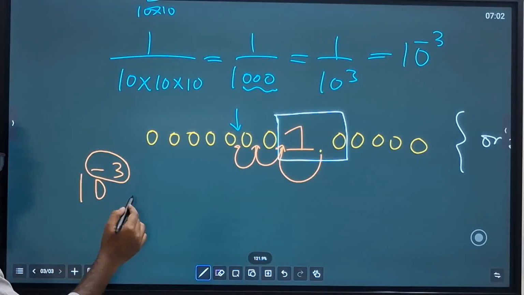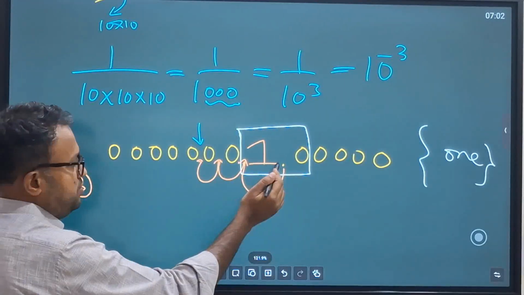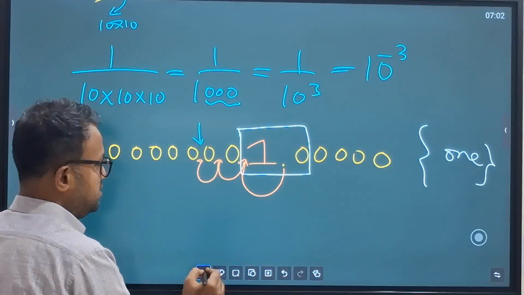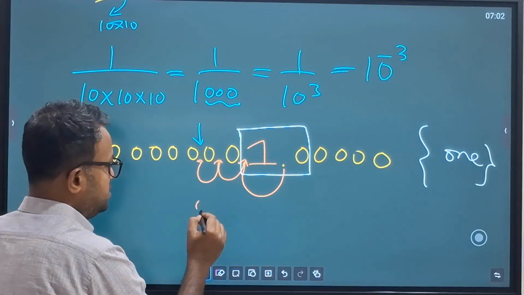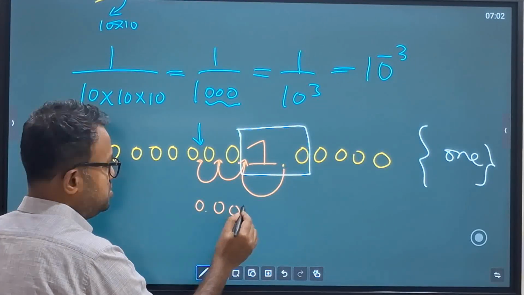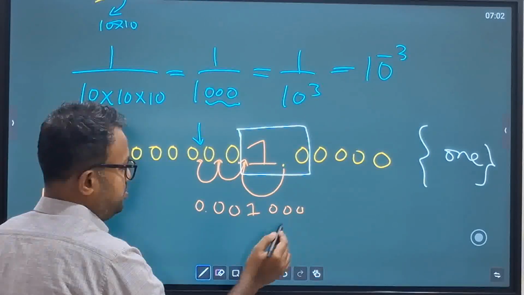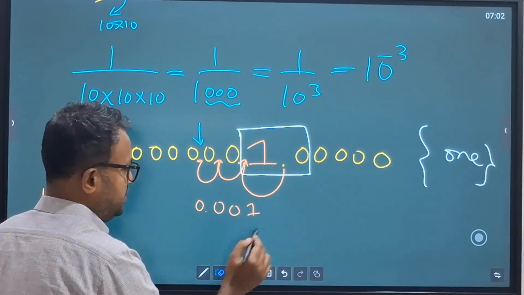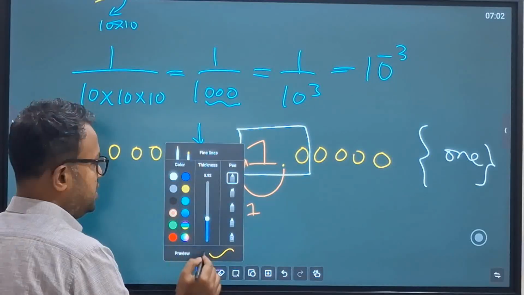To write 10 power minus 3, I have shifted the point backwards. Now my point is here, and my number becomes 0.001. To this, you can add any number of zeros.